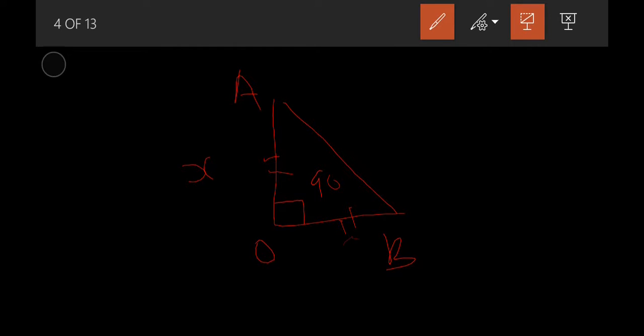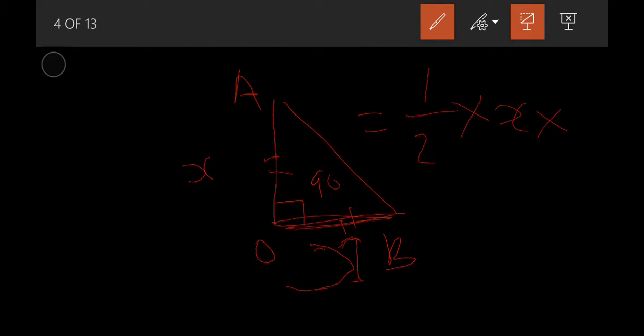So if we want to find the area of this triangle, we know that the area of AOB is equal to half into base, that is x, into its altitude, that is x.